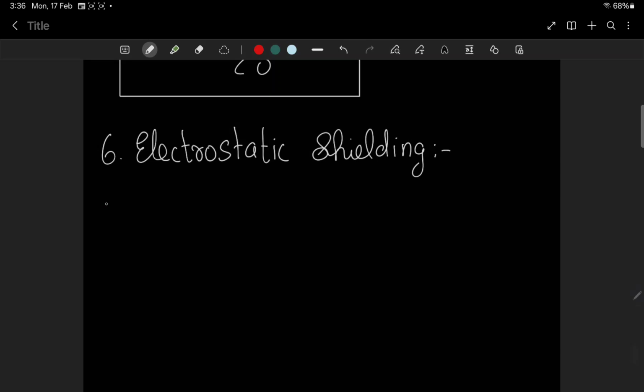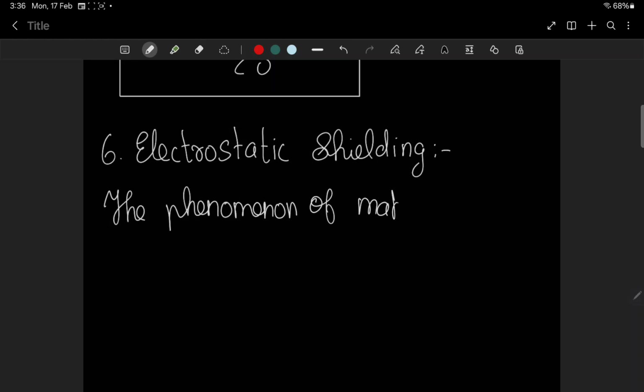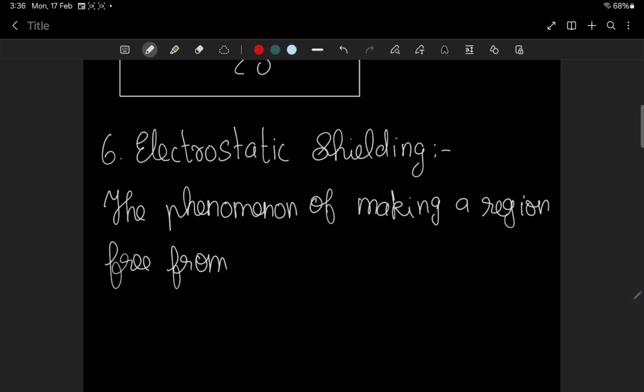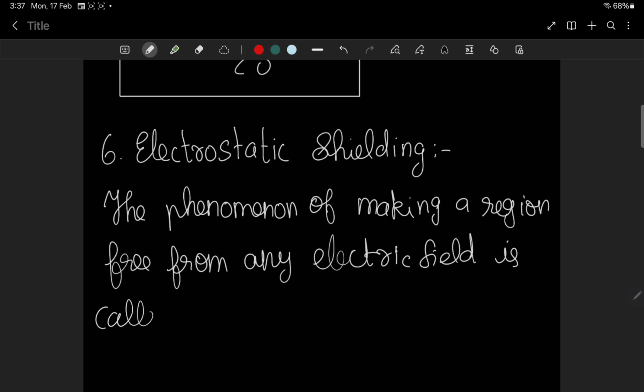That is the phenomenon of making a region free from any electric field, and it is called electrostatic shielding.